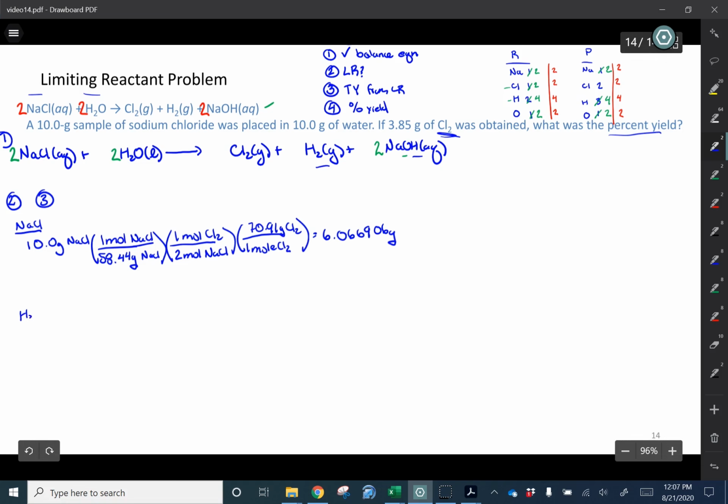So now we do the exact same thing with water. I have 10.0 grams of water. So we'll convert grams to moles. That's 18.01 grams per 1 mole.